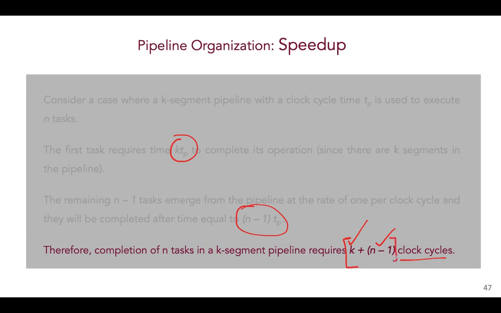If you go back to that question and compute the number of cycles using this formula instead, you would get the same answer, because K was 6 and the number of tasks was 8. So we get 6 plus 8 minus 1, which is 13.